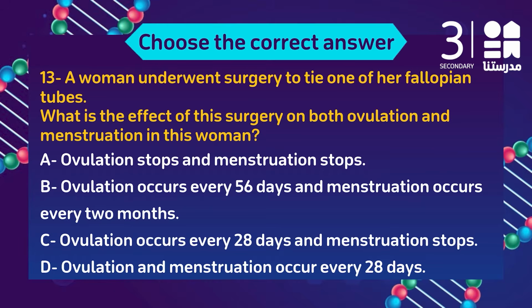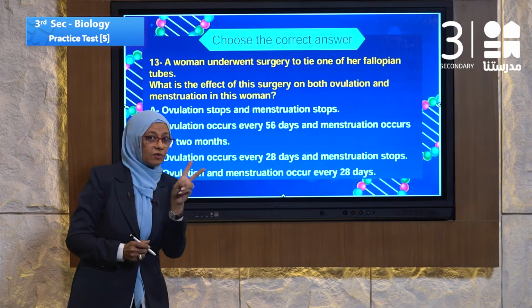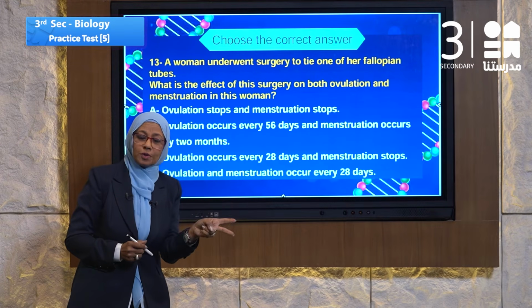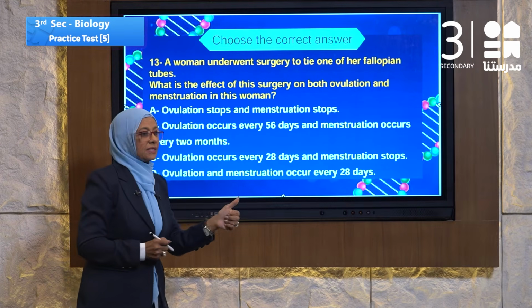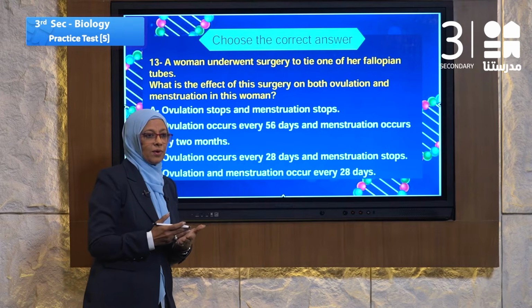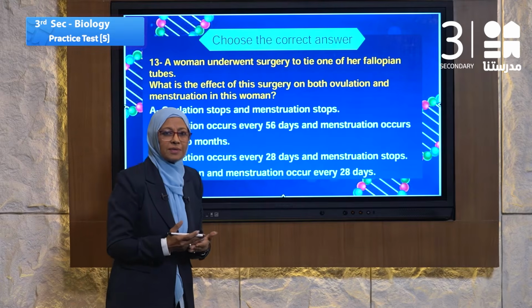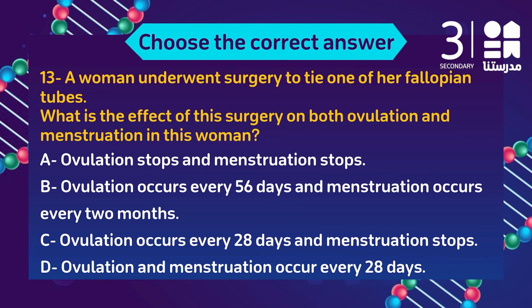They are connected between the ovaries, 2 ovaries, 2 fallopian tubes, 1 uterus. That's the structure of the female reproductive system. What is the effect of this surgery on both ovulation and menstruation in this woman?